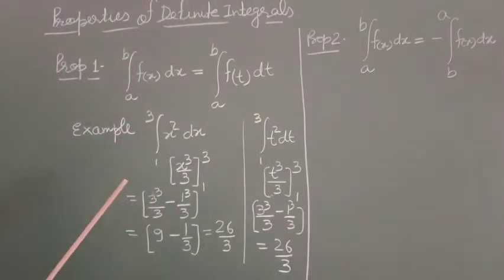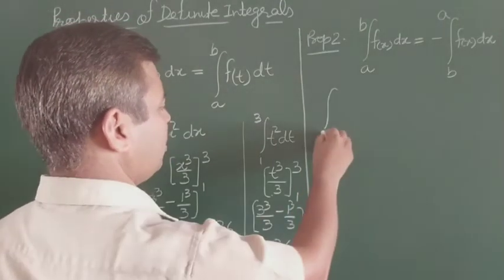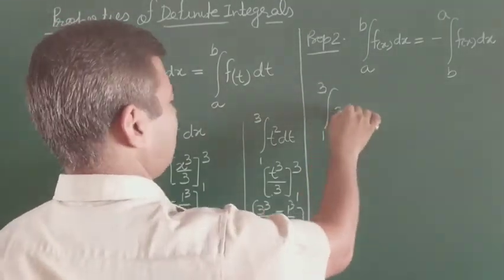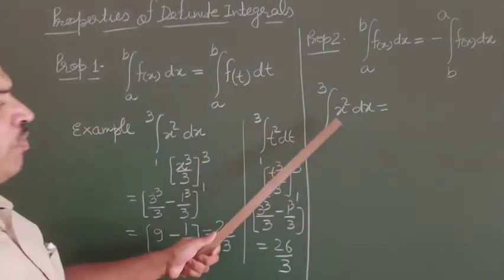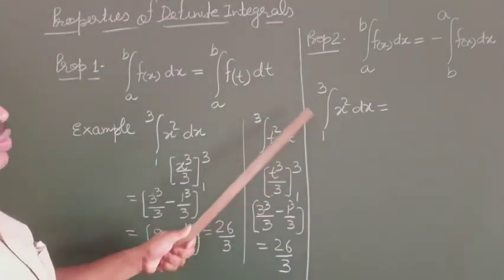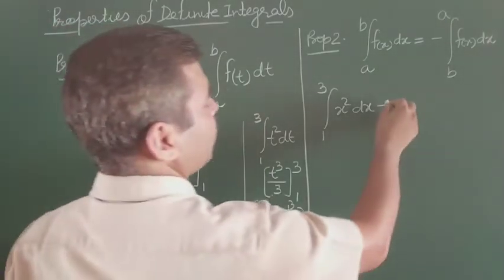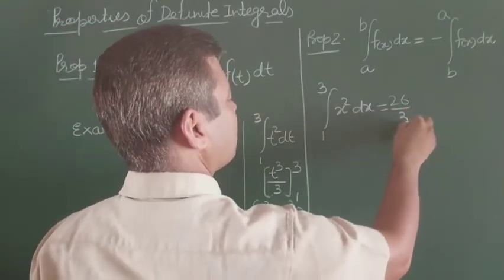We can take the same example. Here you have seen the definite integral of x square with limits 1 to 3 is 26 upon 3.